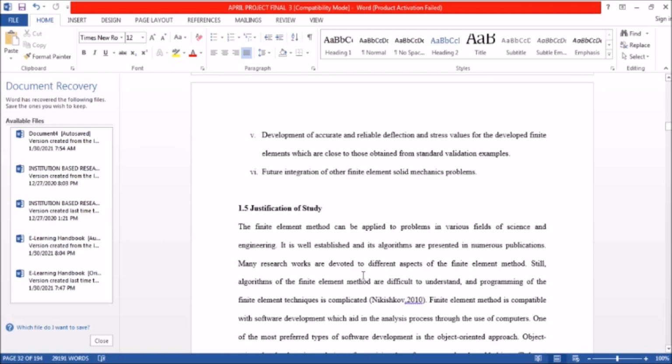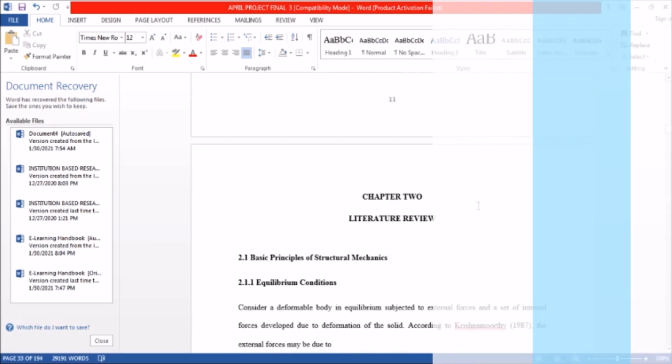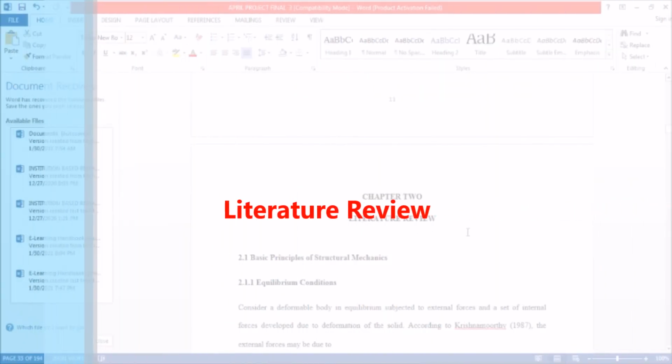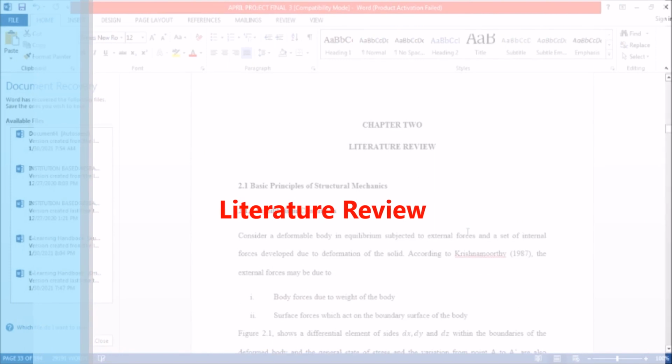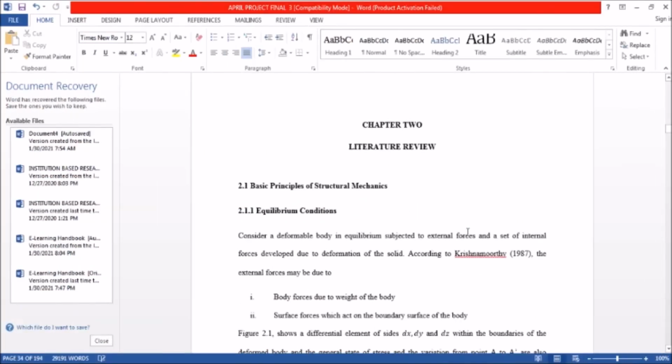And the next thing we have to look at is the literature review. Here we will look at a review of existing works by other authors or other researchers who must have worked on things that are similar to your project work.